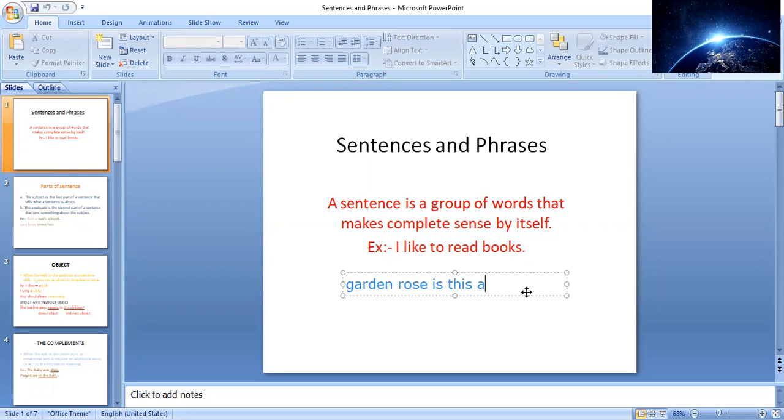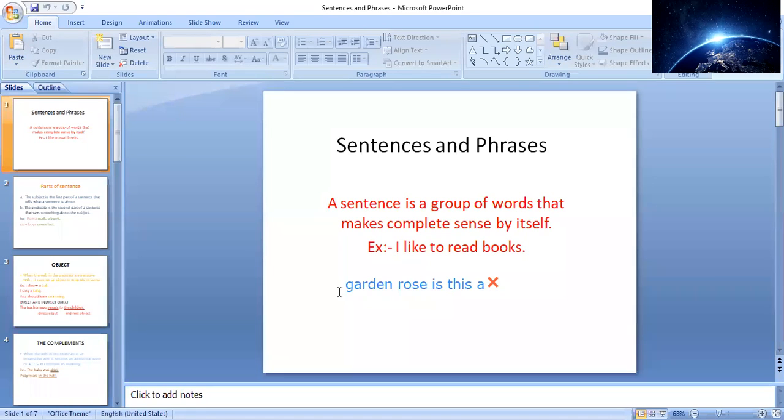So, can anybody tell, is this a sentence? Can we understand anything from this? No. Is this giving any meaning? No. Is it giving us a complete sense? No, it is not giving. So, this is not a sentence.